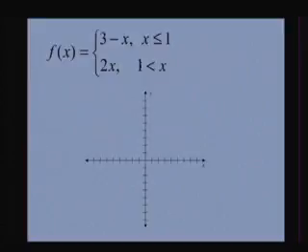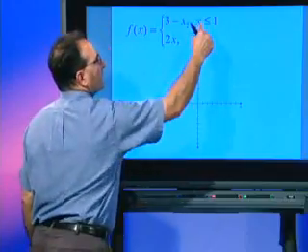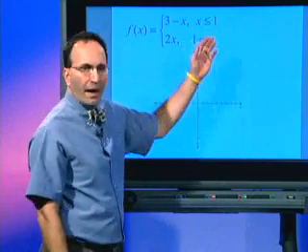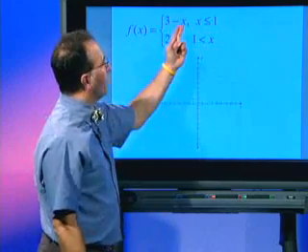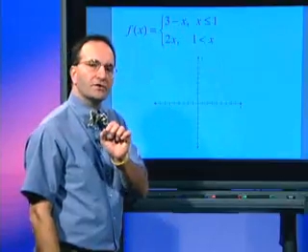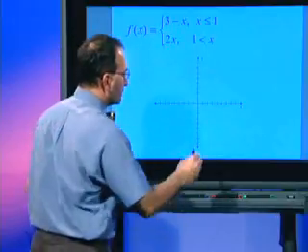So let me switch to here so we can graph this. Let's start with the fact that here x can equal 1, which means we get 3 minus 1, which is 2. So we know that we're going to start at the point (1, 2).